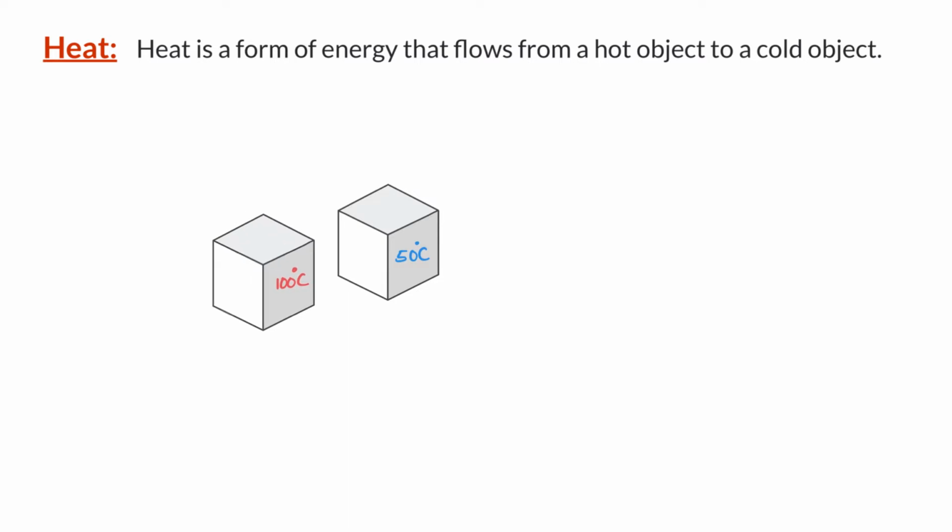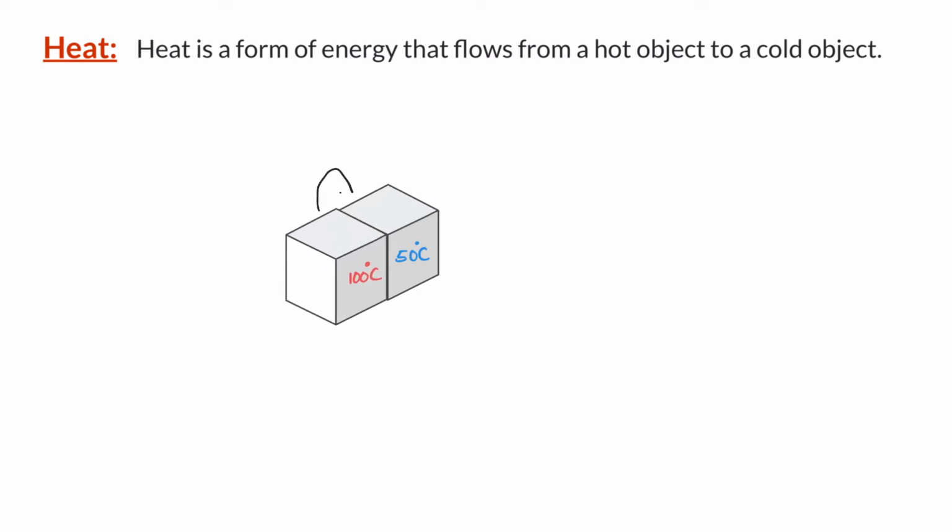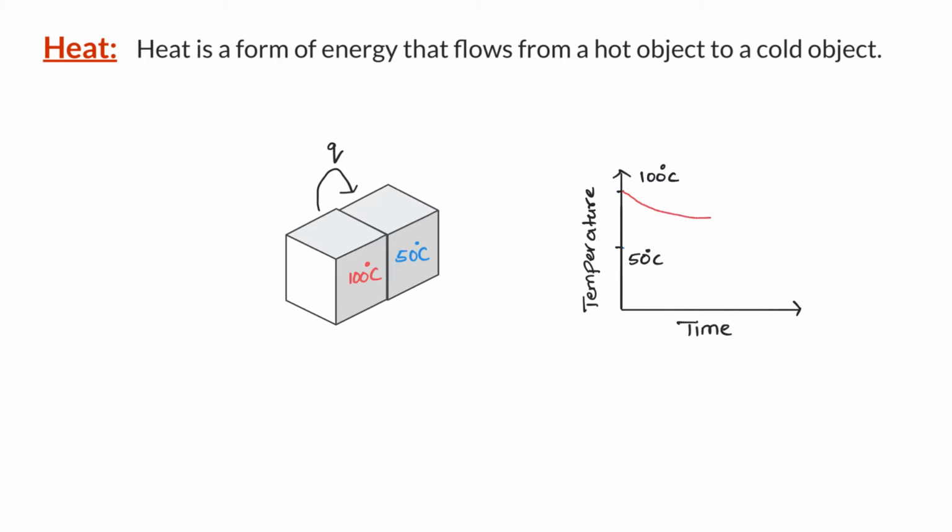When they are brought into contact with each other, the heat flows from the hotter object at 100 degrees Celsius to the colder one, which is at 50 degrees Celsius. During this heat transfer, the temperature of the hotter object keeps decreasing and the temperature of the colder object keeps increasing. And when both the objects come to the same temperature, the heat flow stops.